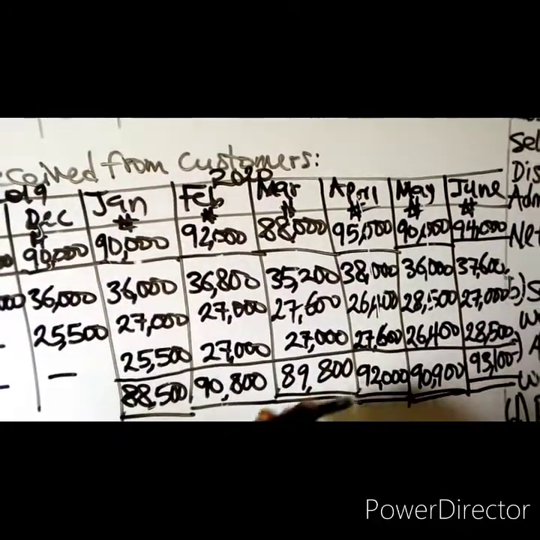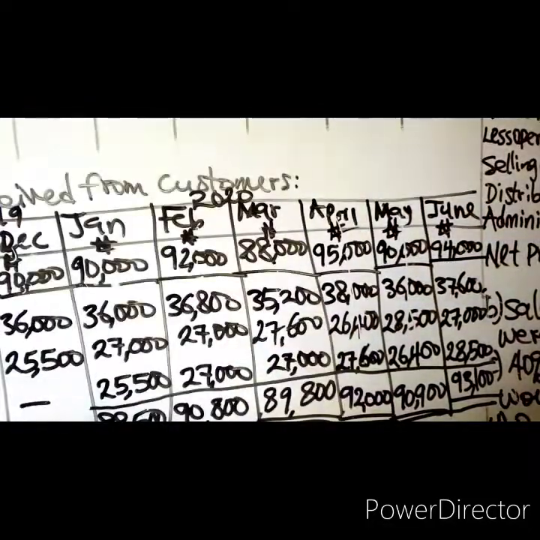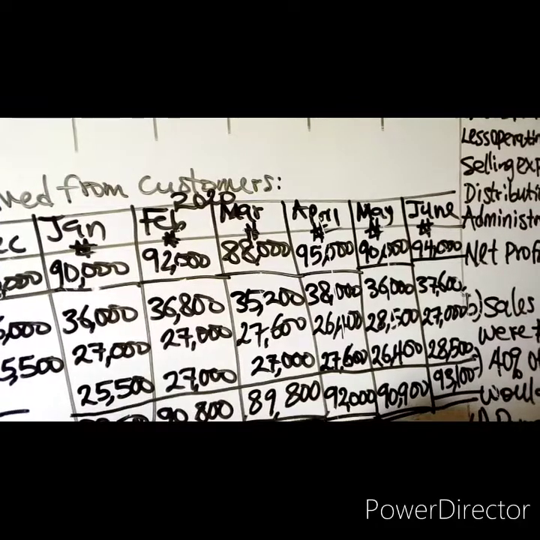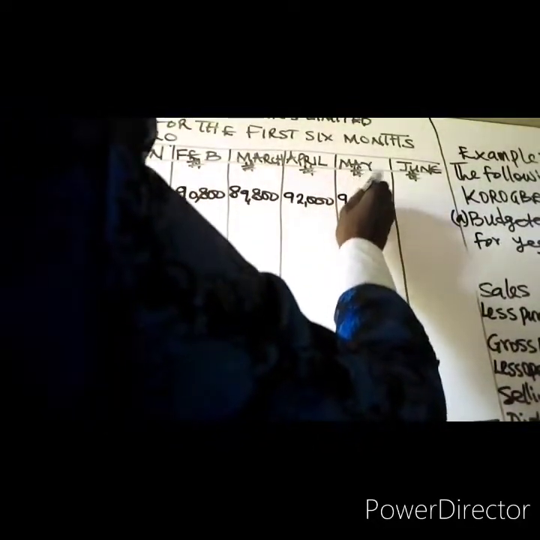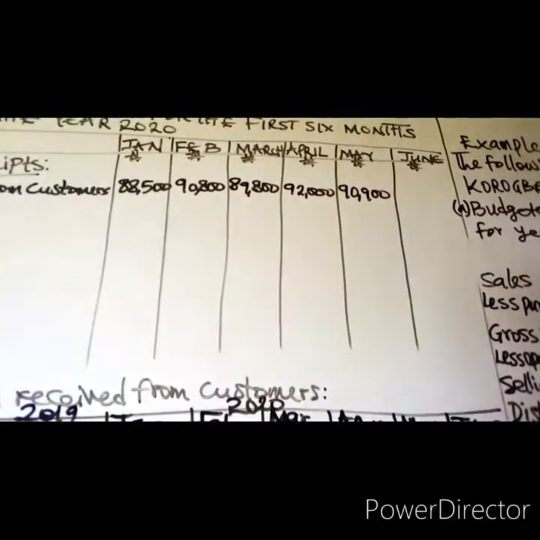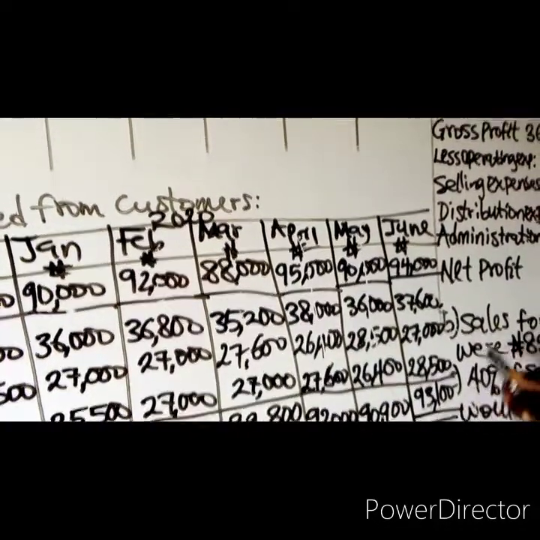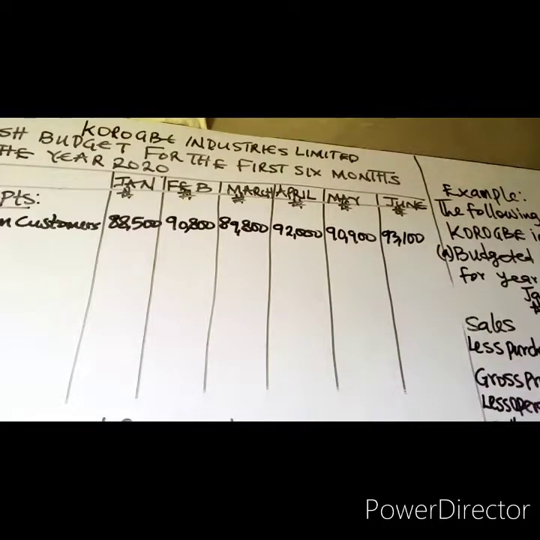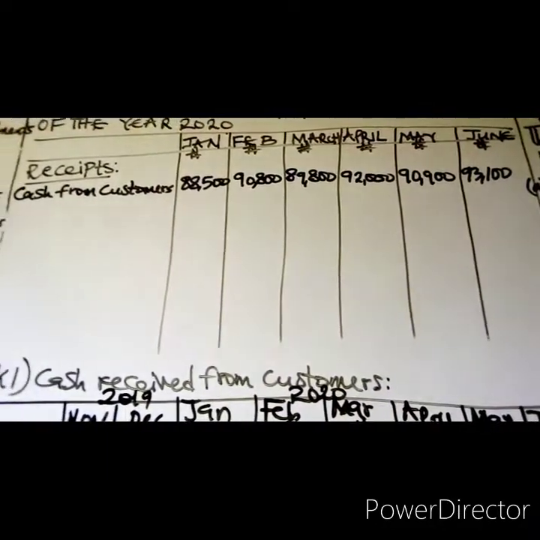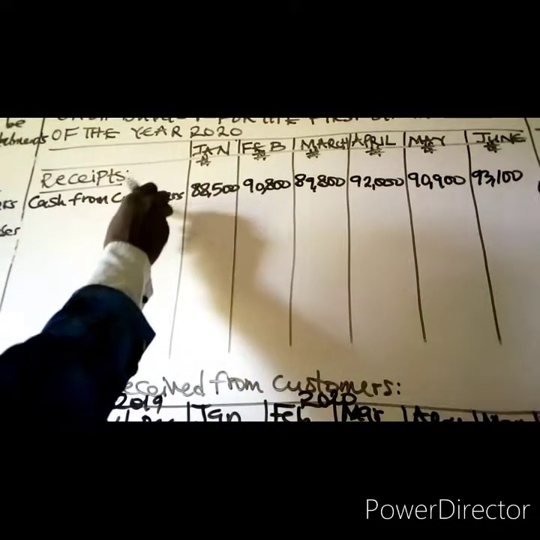April we have 92,000. May we have 90,900. June we have 93,100. These are the cash you received from customers, that is from our working one.